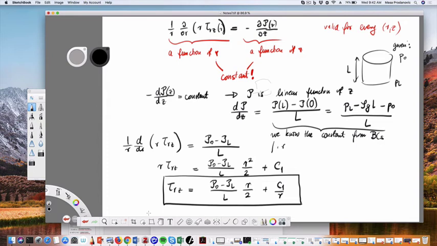So again, this is a mathematical solution that is more general. We're going to say, haha, r equal to 0 has to have finite tau RZ, or shear stress. This is laminar flow. We're not modeling supernova explosions. So therefore, C1 has to be 0.